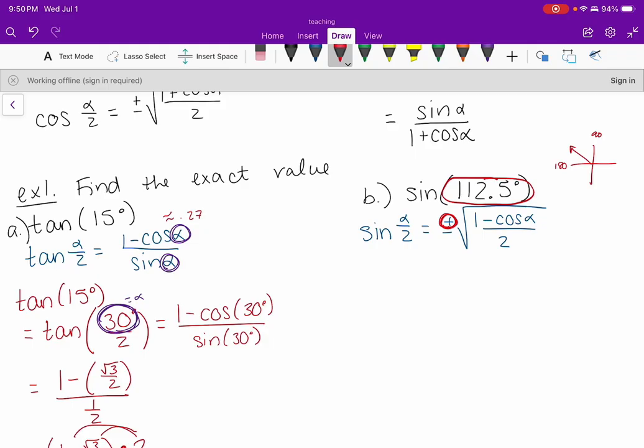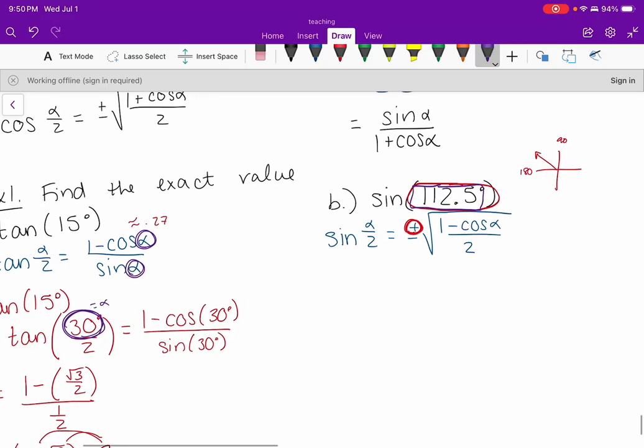Now I need to figure out what my alpha needs to be. I need something that I would divide by 2 to get 112.5. What you can do if you ever struggle with finding what this is, like it was kind of easy to just think about it for the 30, is you can always take the 112.5 and set it equal to alpha over 2, and then solve for alpha by multiplying both sides by 2.